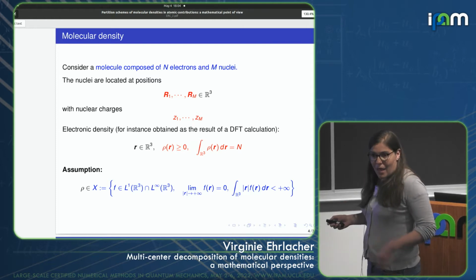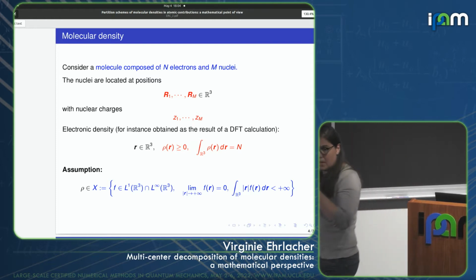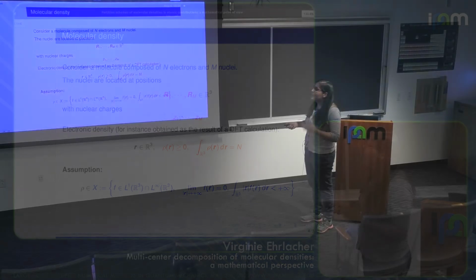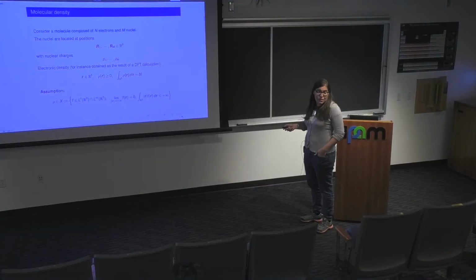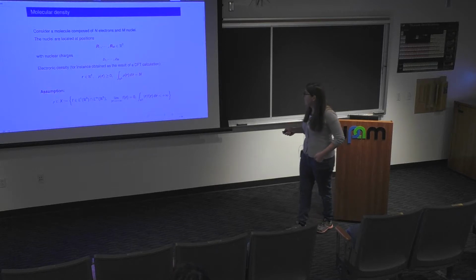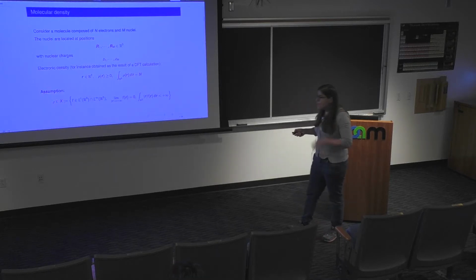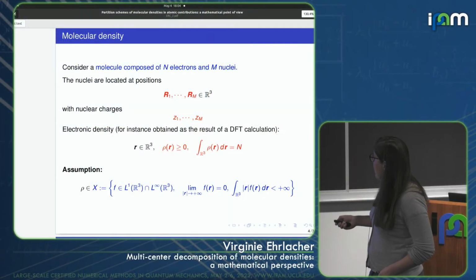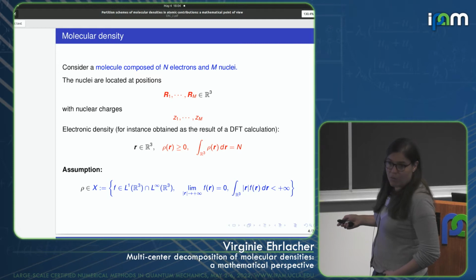In the following, I will need to make some extra assumption on this molecular electronic density, which can be relatively easily satisfied for a lot of practical systems. I will need to assume that this electronic density belongs to some functional space which will be denoted by X in the talk, namely a space of functions that are integrable over R3, bounded as well, that go to 0 at infinity, and with finite first-order moments.